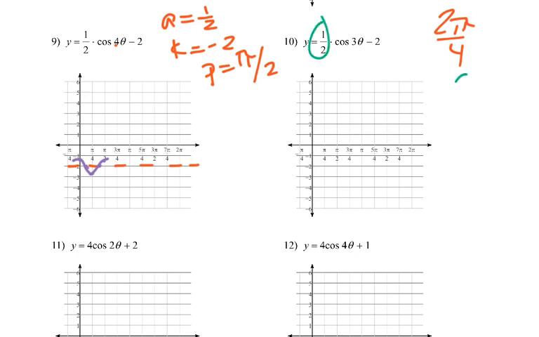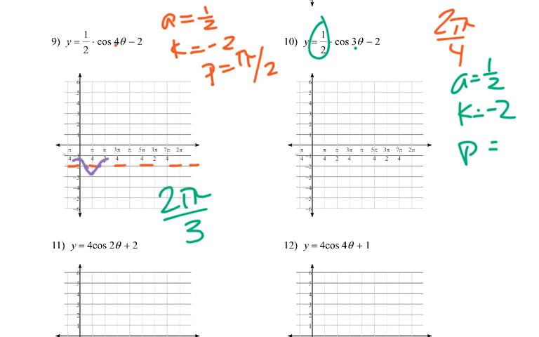Okay, again, amplitude of 1/2, midline of -2. The only difference is now our period. So instead of pi halves, it's 2 pi divided by 3, so 2 pi thirds. So midline down at -2, amplitude up 1/2 above it to start for cosine.